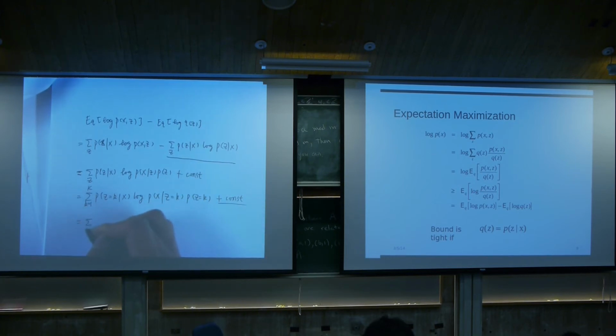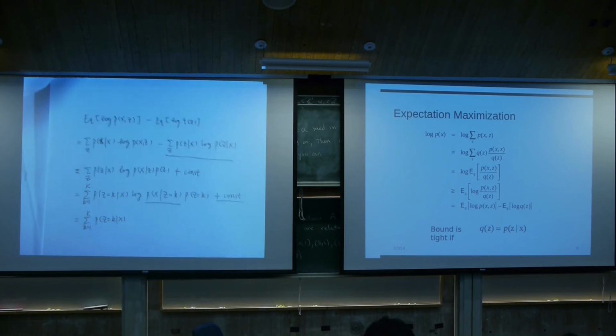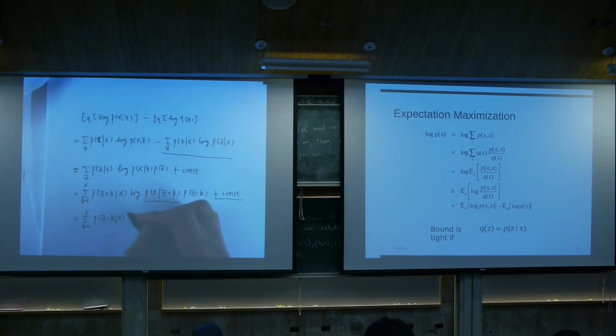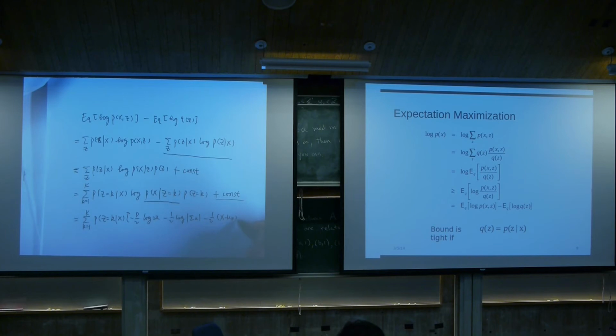So it becomes, this guy is a multivariate Gaussian, so it's log 2 pi sigma k transpose.